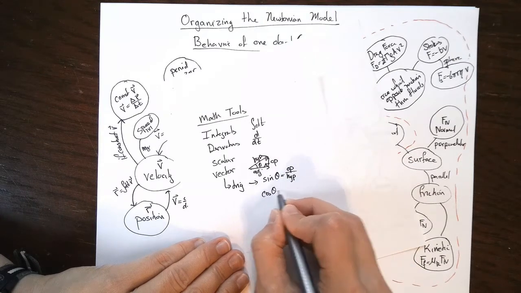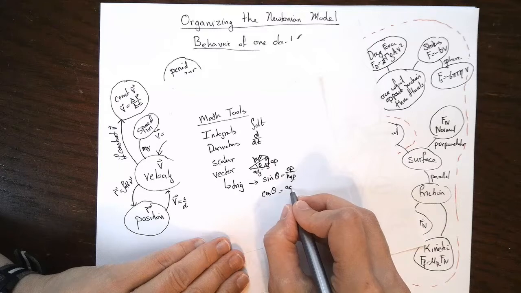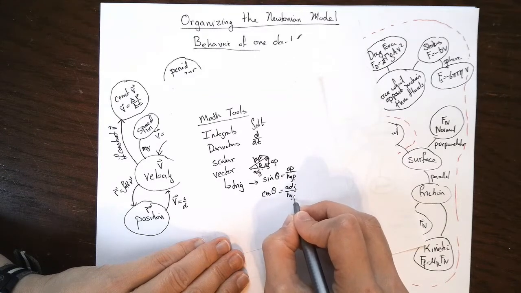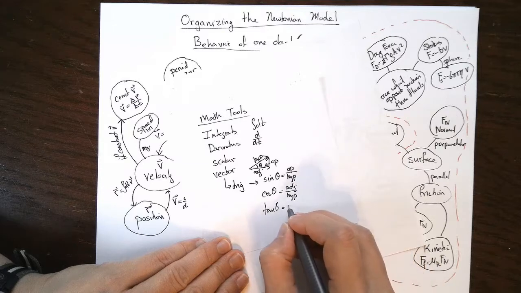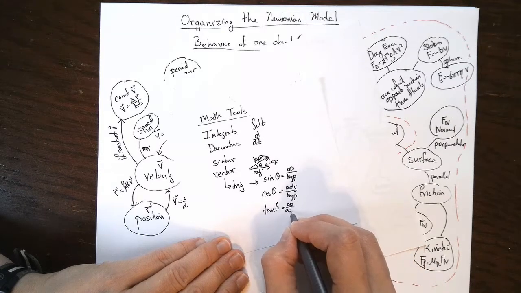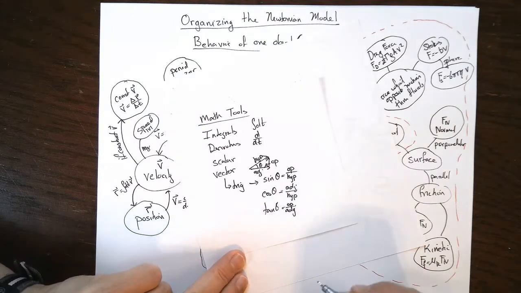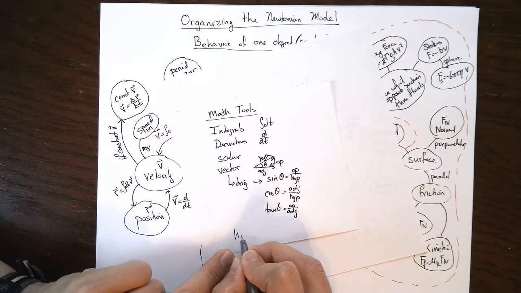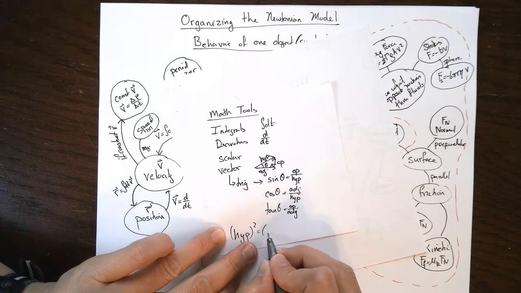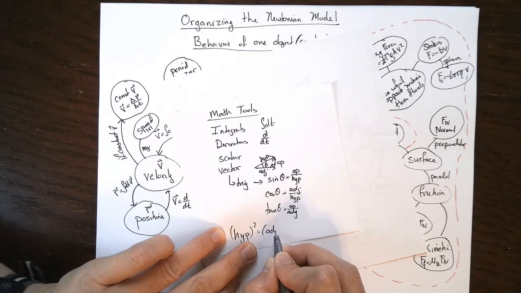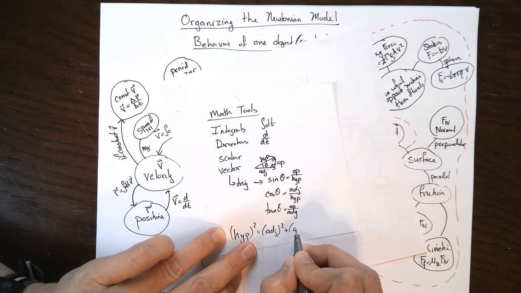The cosine of that angle is the adjacent side over the hypotenuse. The tangent of that angle is equal to the opposite side over the adjacent side. We can use the Pythagorean theorem, which says that the hypotenuse, if we square that, is equal to the sum of the squares of the two other sides.